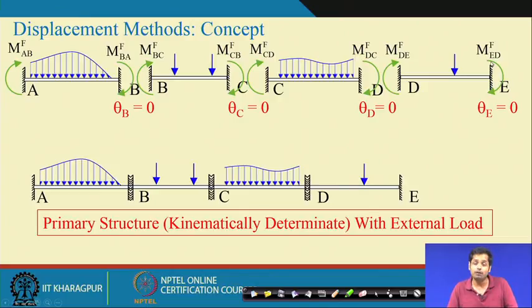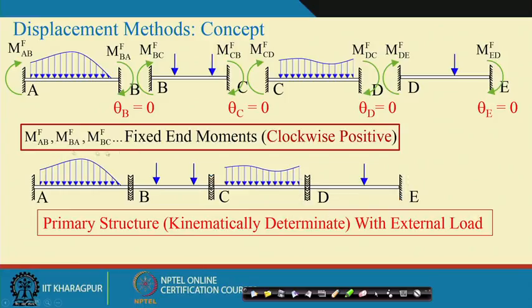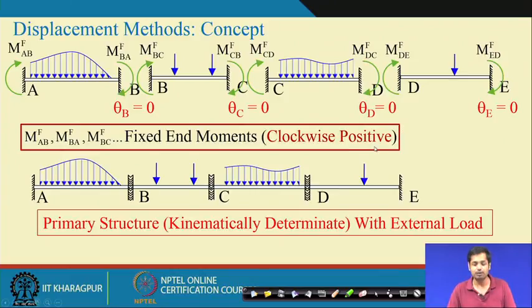Now, we have to solve the primary structure subject to the redundant forces or displacements as well, and then apply the corresponding equation. These are the fixed end moments. The sign convention, taken as clockwise positive, is very important. The sign convention that you might have understood in your structural analysis 1: you can take any sign convention, it is very subjective.